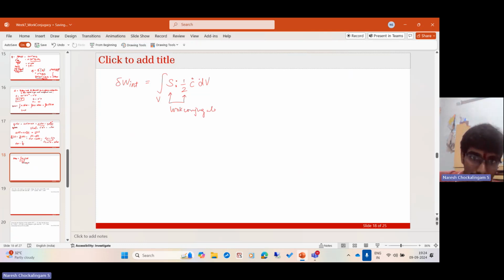Can we get something more intuitive than this half times C dot, because you don't need a half sign? Yes, we can do it. For this, use the expression for the Green Lagrange strain tensor. The Green Lagrange strain tensor is half (C minus identity). Take a time derivative on both sides.